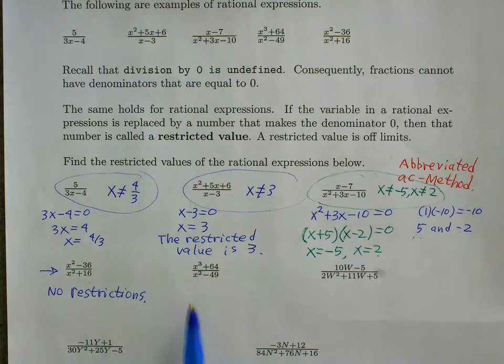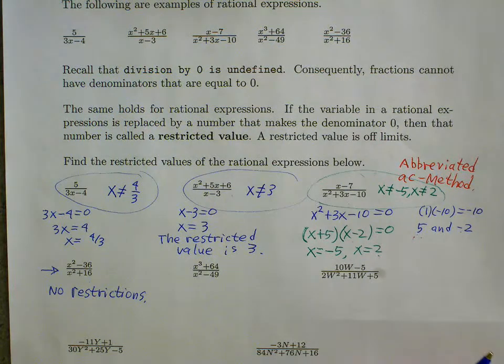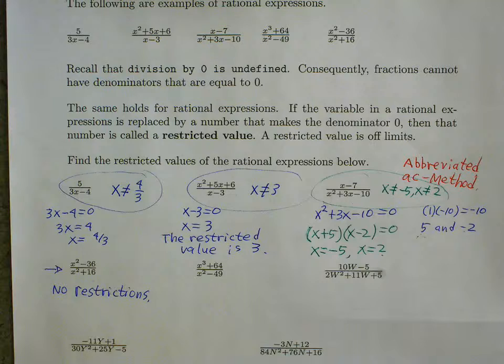We're focusing on the denominator, x squared minus 49. Are there any real numbers that you can replace x with that make x squared minus 49 equal to 0? Yeah, there are two numbers. One is positive 7 and the other is negative 7. So we do have two restrictions.